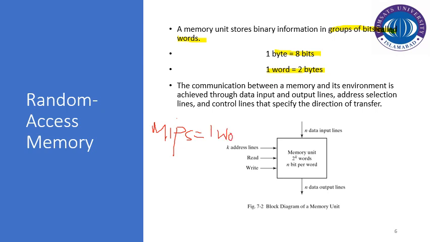So one word equals 4 bytes. But we are sticking to the Intel definition here for this course. So we will be defining one word equals 2 bytes here.